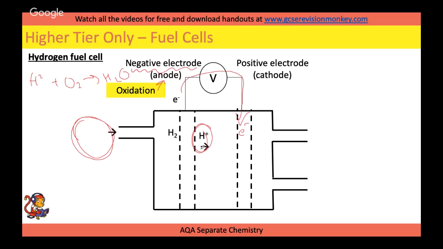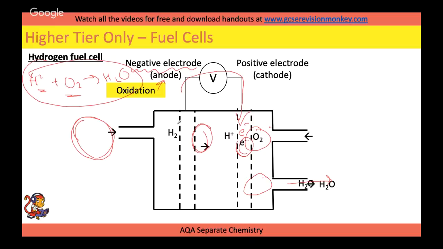That's the first part. And then on the other side, you know that you've got oxygen coming in. So oxygen comes in here and it reacts with the hydrogen and the electrons to produce water, which is given out of our vessel at the bottom here. Okay, so the main thing is hydrogen and oxygen coming in to produce water.